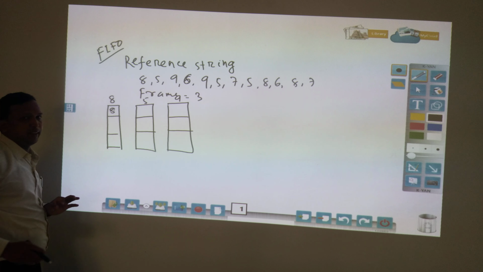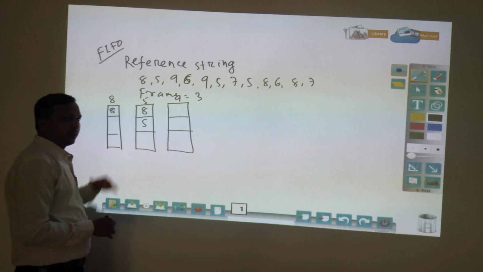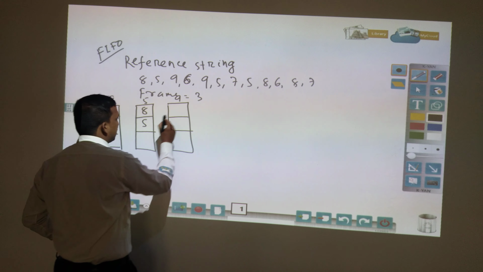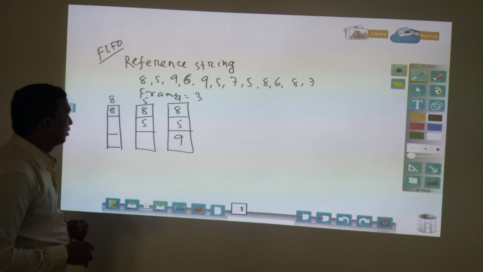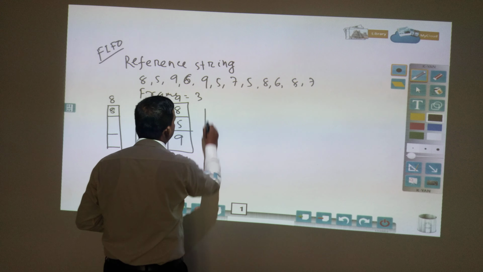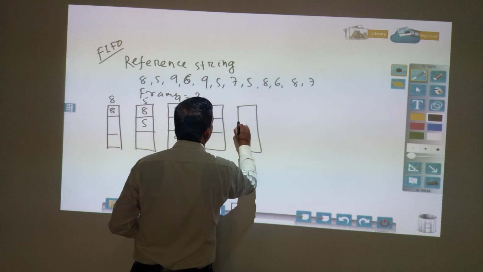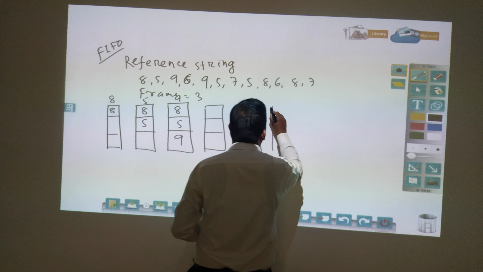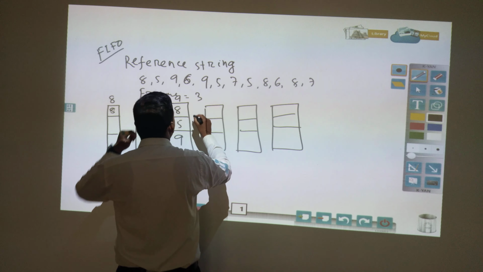So first in, first out means 8 in the string, so first in 8. Then again 5. So 8 and again insert 5. Then in the string is 9. So 8 5 is there. Again insert 9. Then the new string is 6.